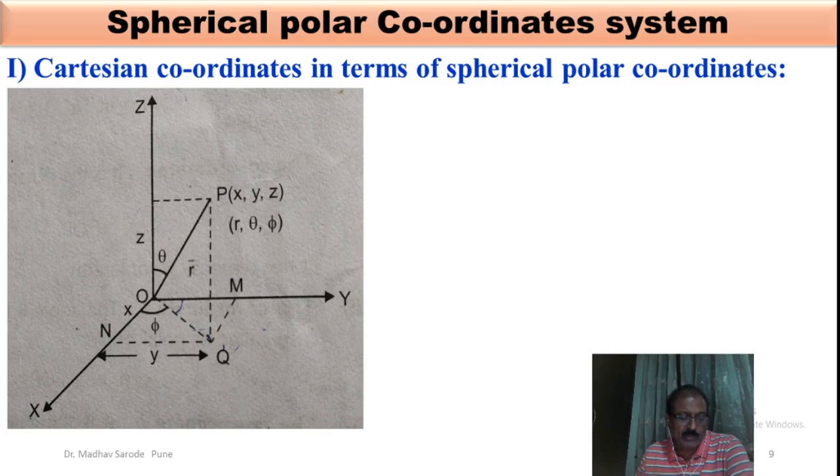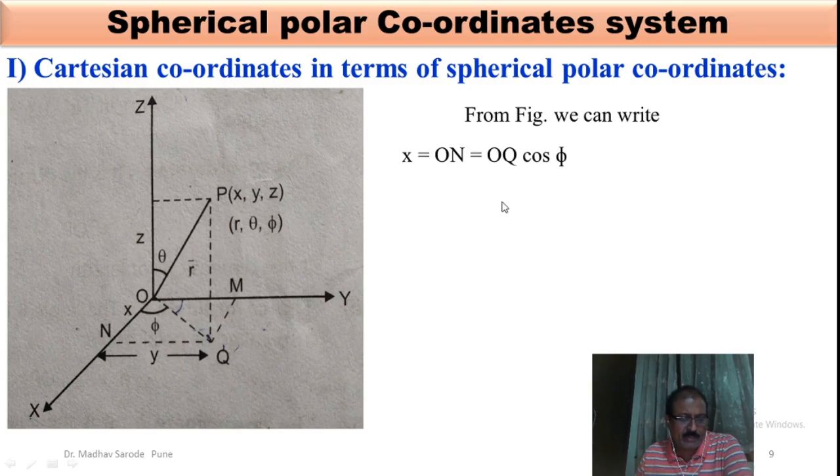Cos phi equals ON divided by OQ, the adjacent side divided by the hypotenuse. So x can be written as x equals ON, but ON is nothing but OQ cos phi.